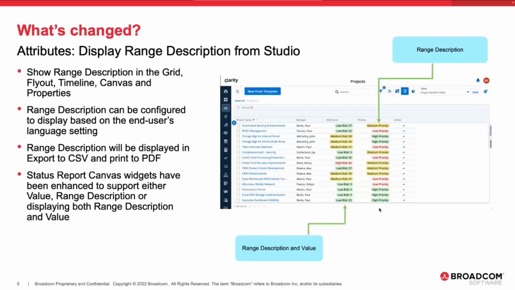And the support, as mentioned, is also part of the canvas. So we've enhanced the canvas as part of the status report and also within the pages, where you can choose either value, range description, or both range description and value.